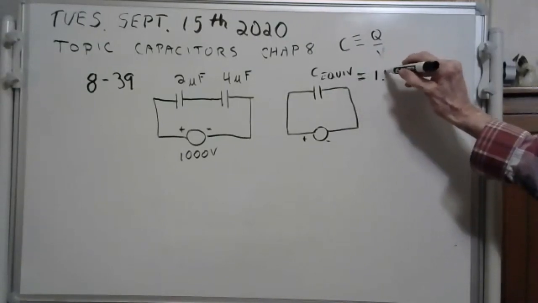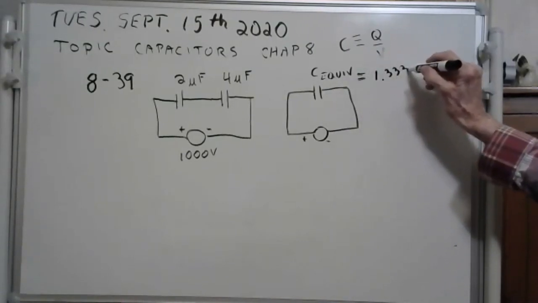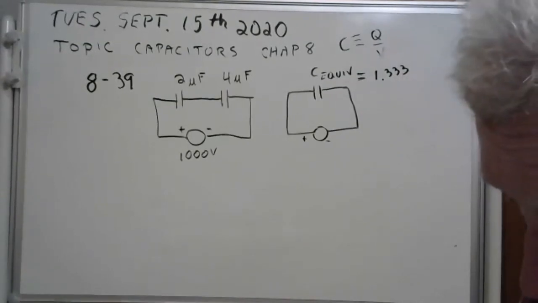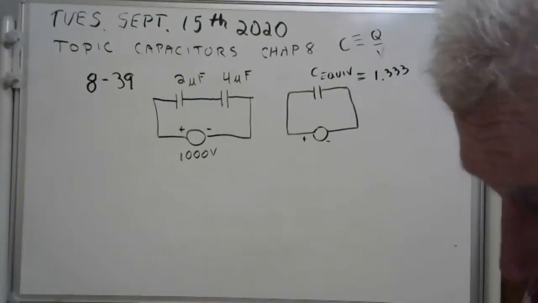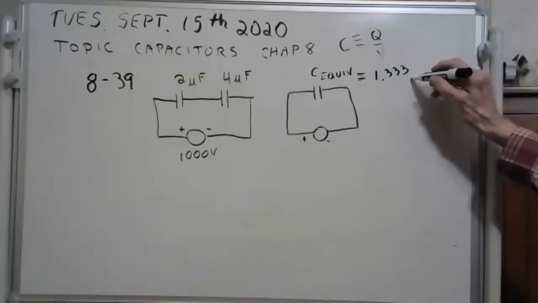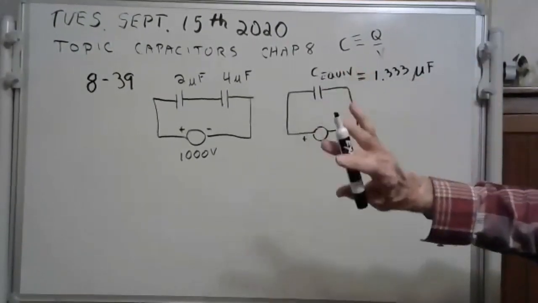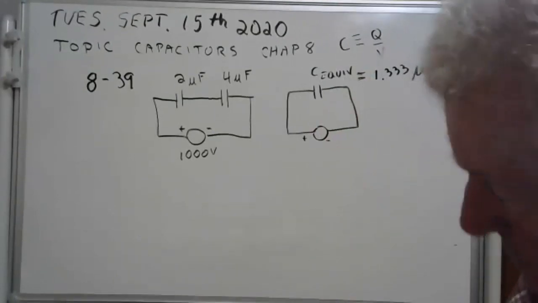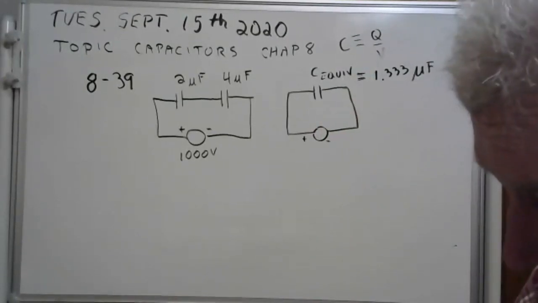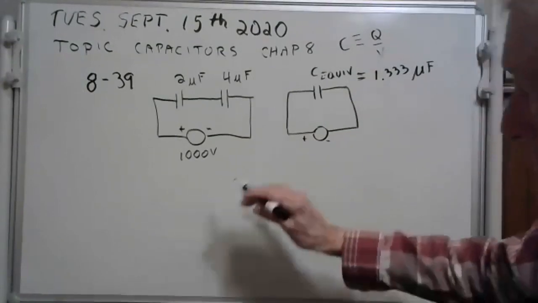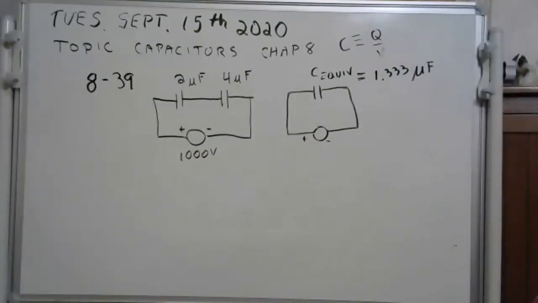Or you could say 1.333. Is 4/3 the same thing as 1.333? Yeah. Now watch it though. It's microfarads is what it is. Well, it was 4/3 to the -1 would be. Oh no, 4/3. You're right.